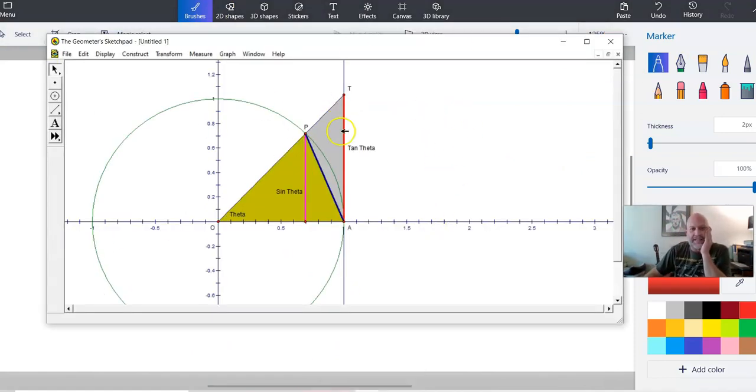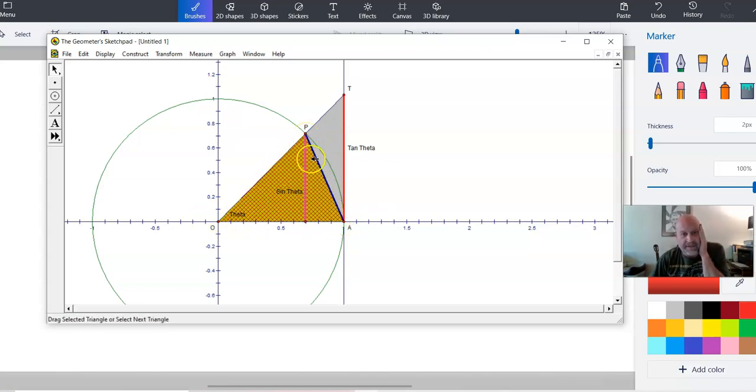Here's the idea. This is a triangle set onto the unit circle, so this is a circle of radius 1, your unit circle from trig. The angle that it forms here is my theta. The first area we're going to find is this smaller triangle here, the part that just got shaded.